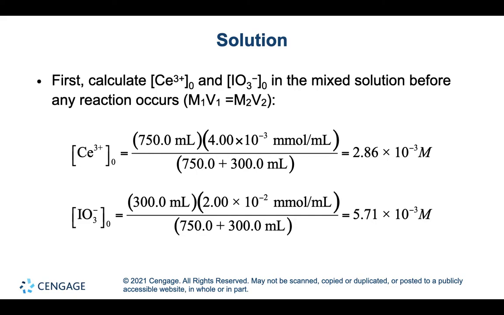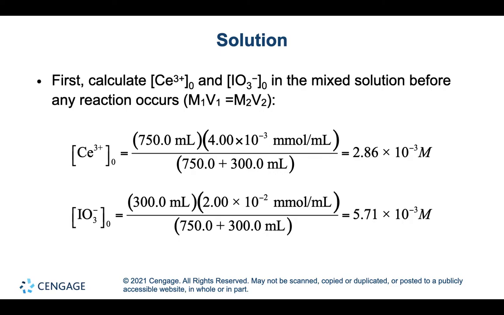Now, instead of converting milliliters to liters and multiplying by molarity, we're going to do this in millimoles and milliliters. So 4 times 10 to the minus 3 moles per liter is the same as 4 times 10 to the minus 3 millimoles per milliliter.